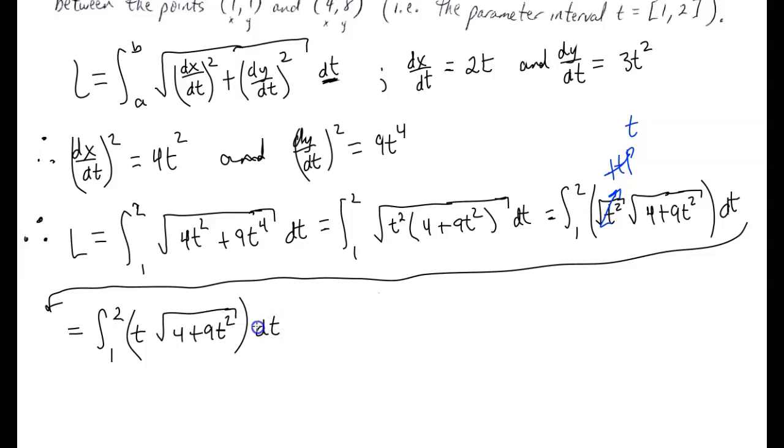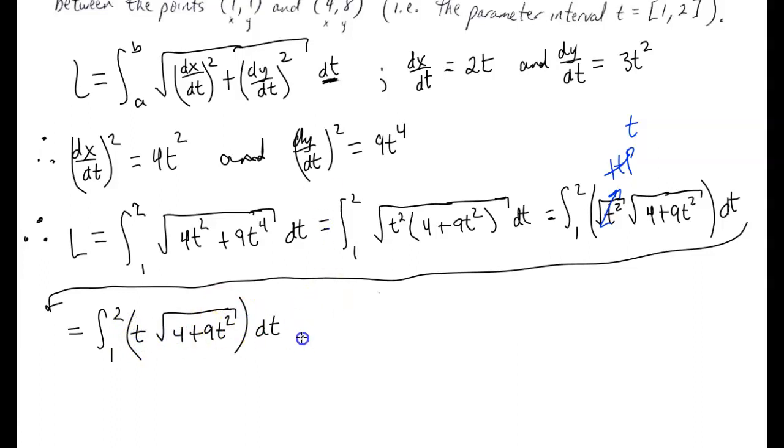Of course, we look at this and say we can't take the antiderivative of the integrand straight up, but we do see that if I take the derivative of 4 plus 9t squared, I would get 18t. The important part of that is t. So I would have a way to use substitution and rewrite this t times dt in terms of some other variable.